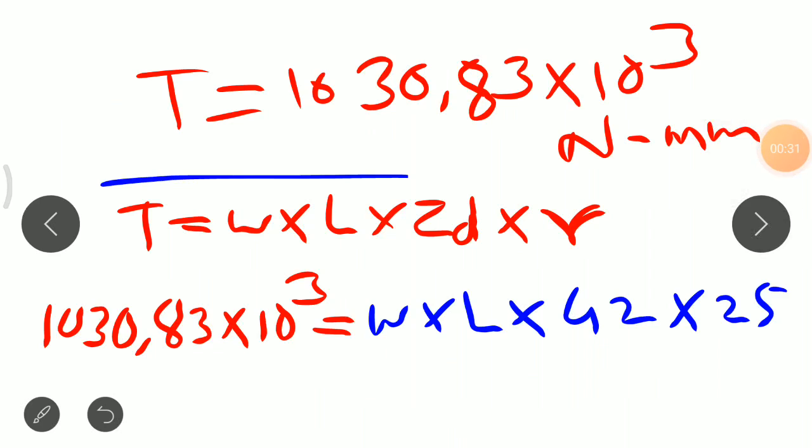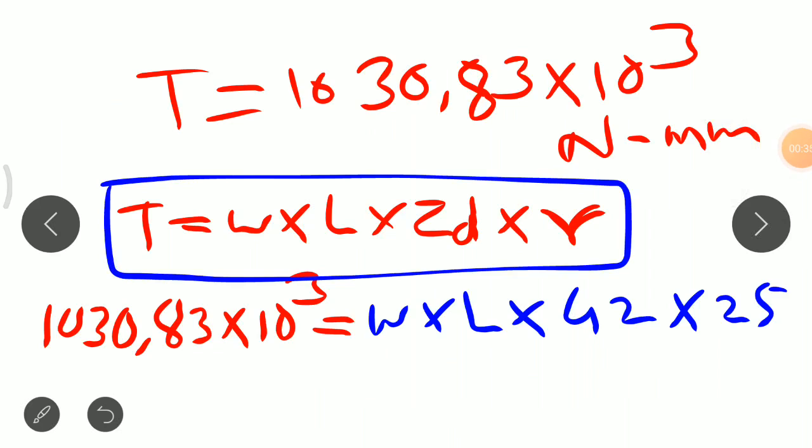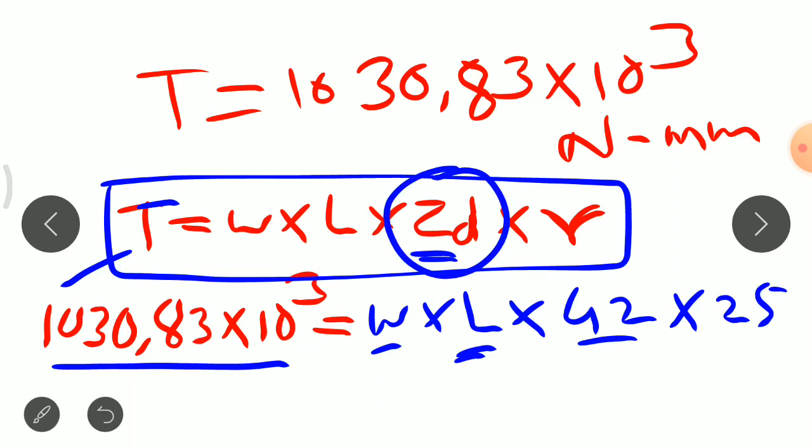Here I will write the equation T is equal to W into L into tau D into R. Put the value of torque: T is equal to 1030.83 into 10 to the power 3 is equal to W, because we don't know the width of key, unknown, again length of key, then tau D, the shear stress, 42, which is given in the problem, and radius, because we have the diameter 50 mm and half of the diameter is the radius.